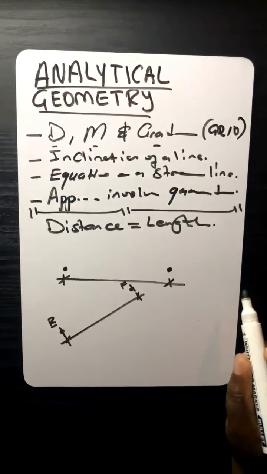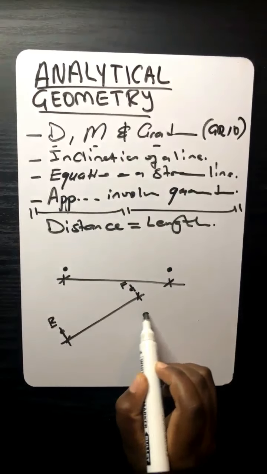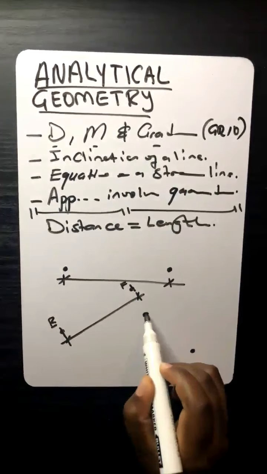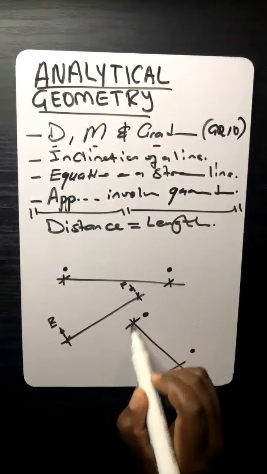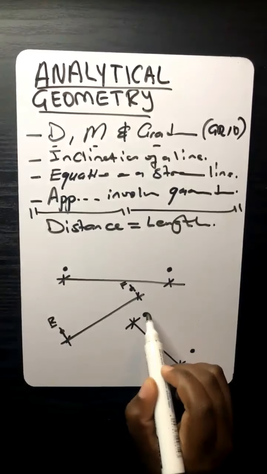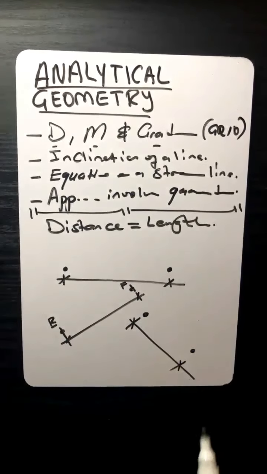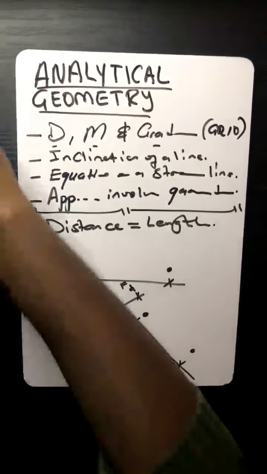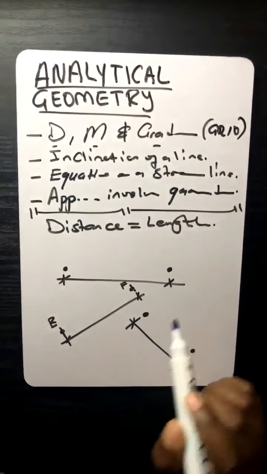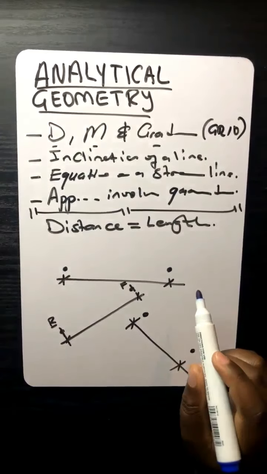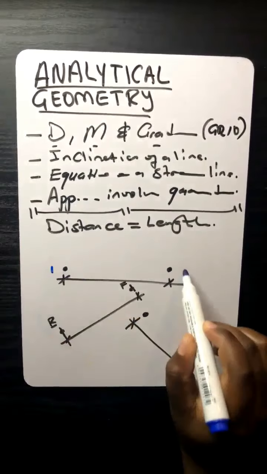So guys, remember, it could be that point and that point. When we talk about the distance or the length, we want to know the length or the distance from one point to another. The reason why I'm doing this, guys, is so that you are aware that in this case we are dealing with 2 points. So in short, let's just refer to those points as point 1 and point 2.